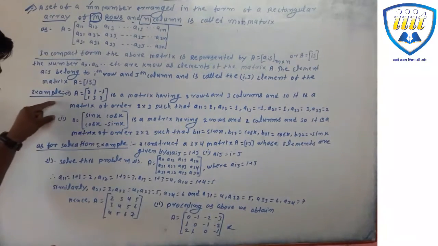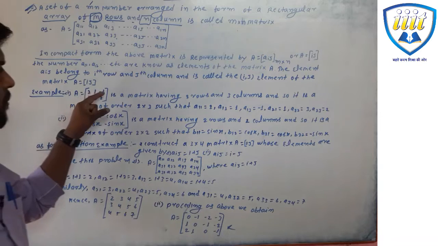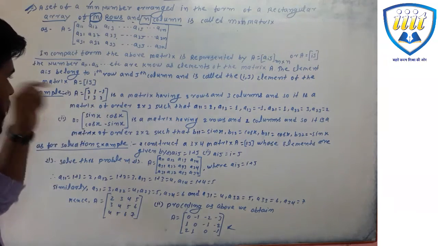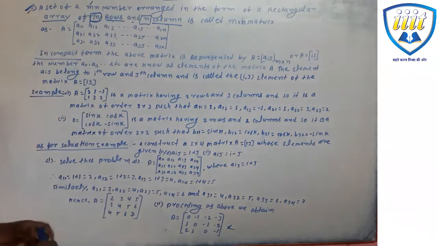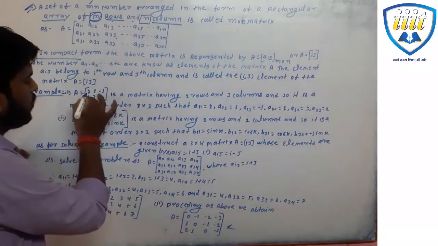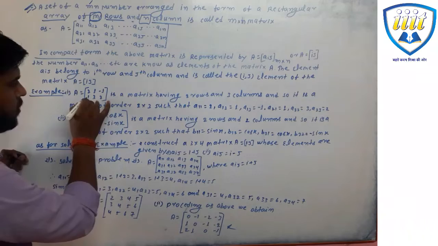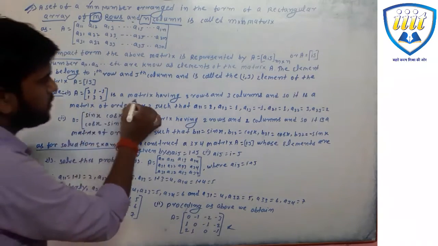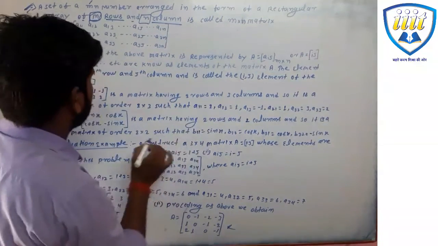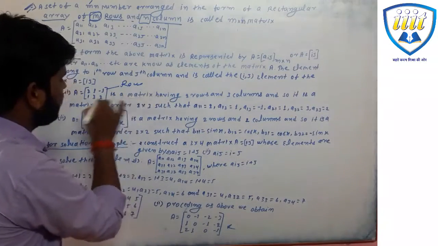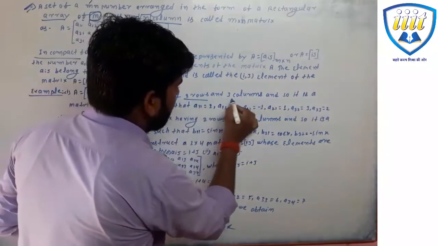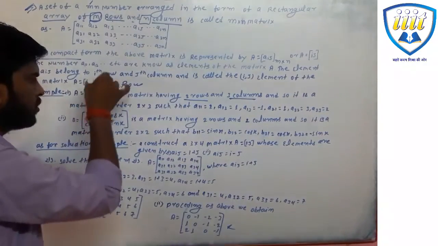For example, A equal to the matrix with rows 1 1 and 3 2 is a matrix having 2 rows and 3 columns. Two rows, and you count the columns 1, 2, 3.